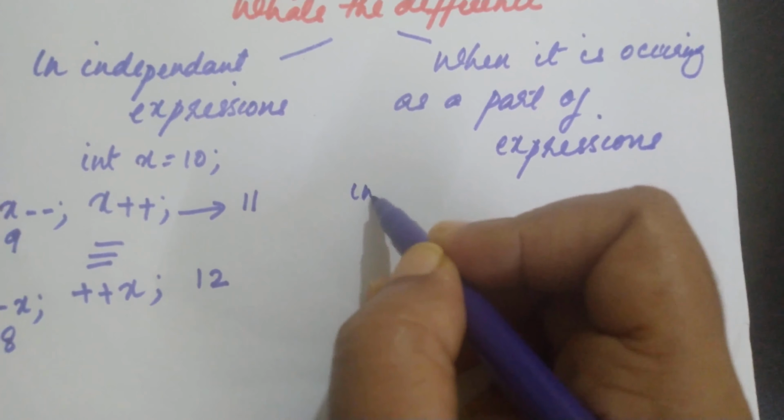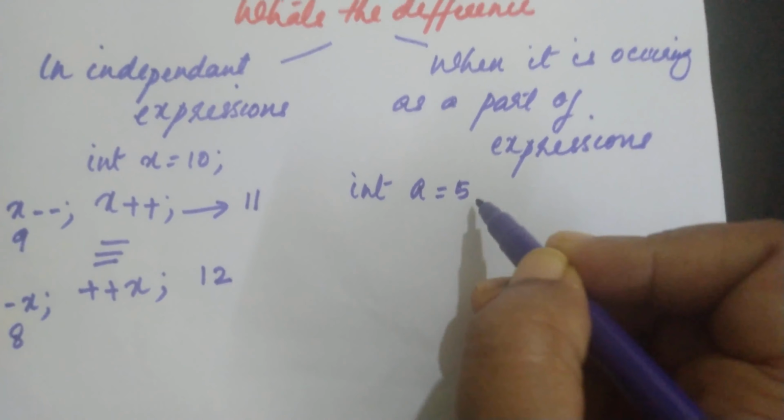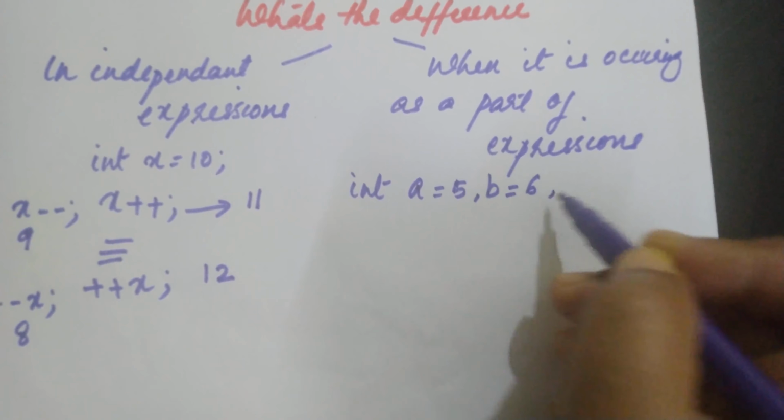Suppose there are three variables, a = 5, b = 6 and c.